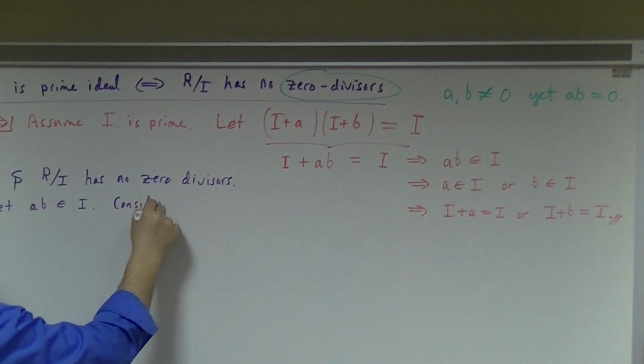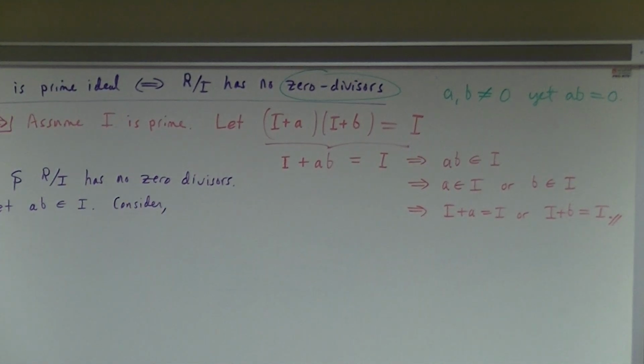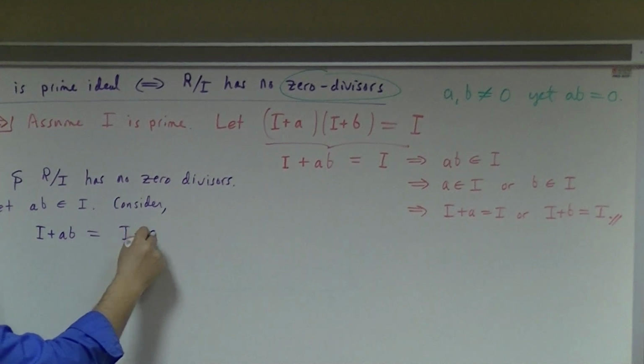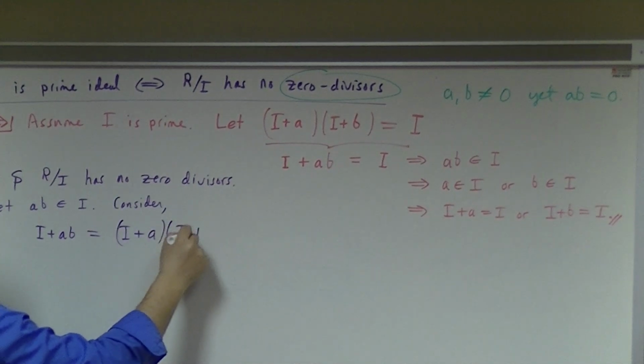Our goal is to show either A is an element of I or B is an element of I. That would prove that I is prime by our second characterization of prime ideal from last class. But if AB is an element of I, that means I plus AB is equal to I plus A times I plus B.